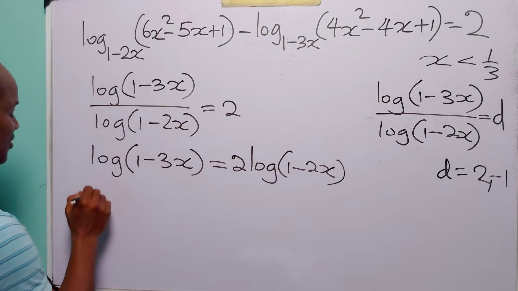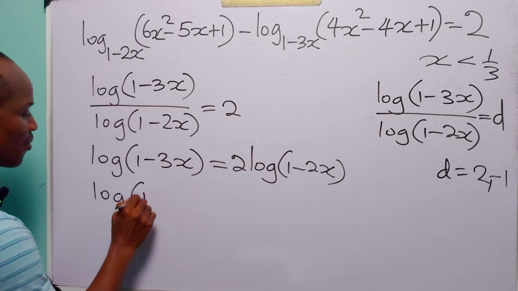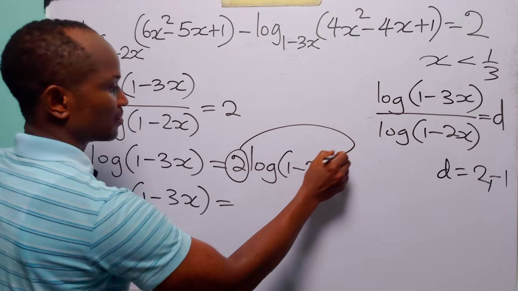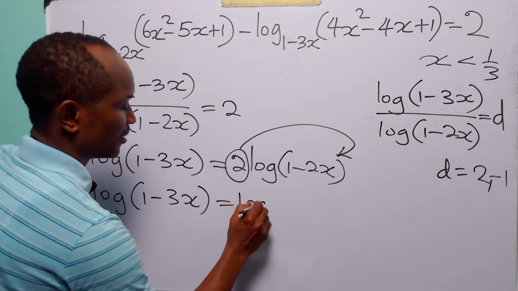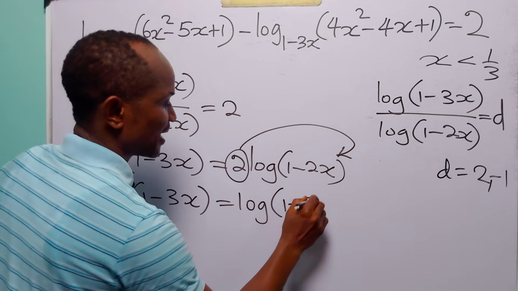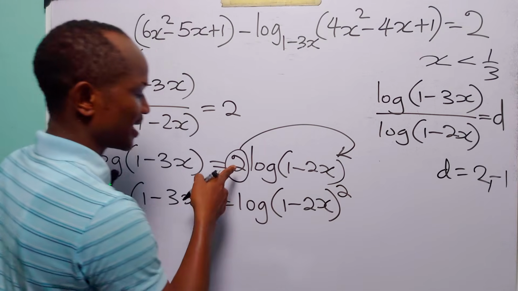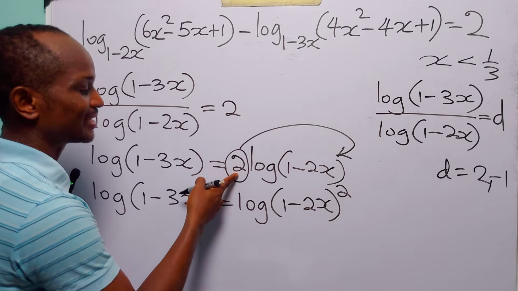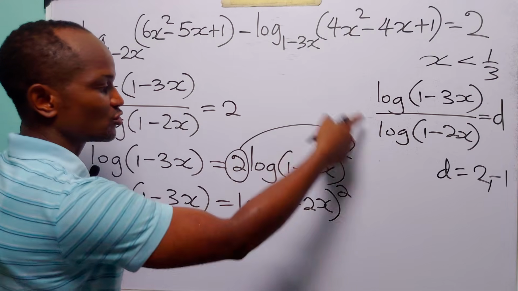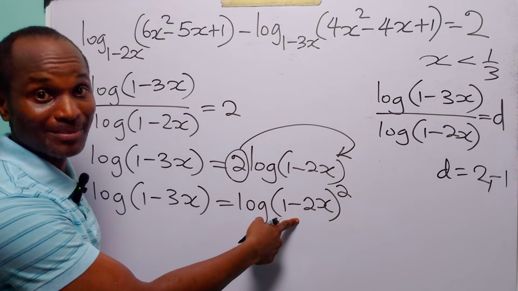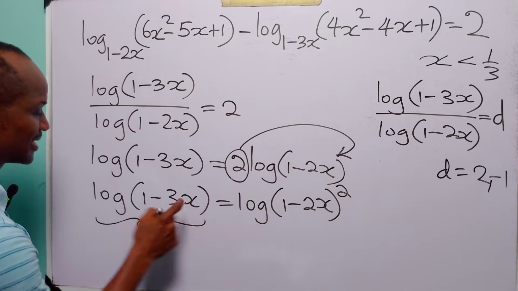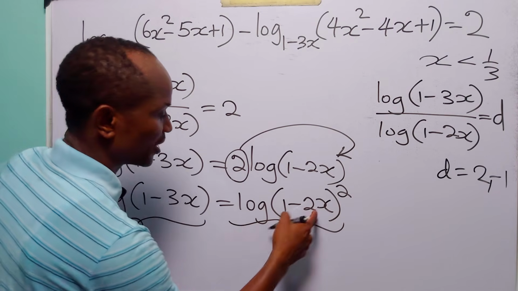Now, this equation is the same as log(1 - 3x) is equal to log (1 - 2x) squared. I applied the power rule. That is the rule that says that we can take up the multiplier 2 to become the exponent of (1 - 2x). Now we have that log this is equal to log that.